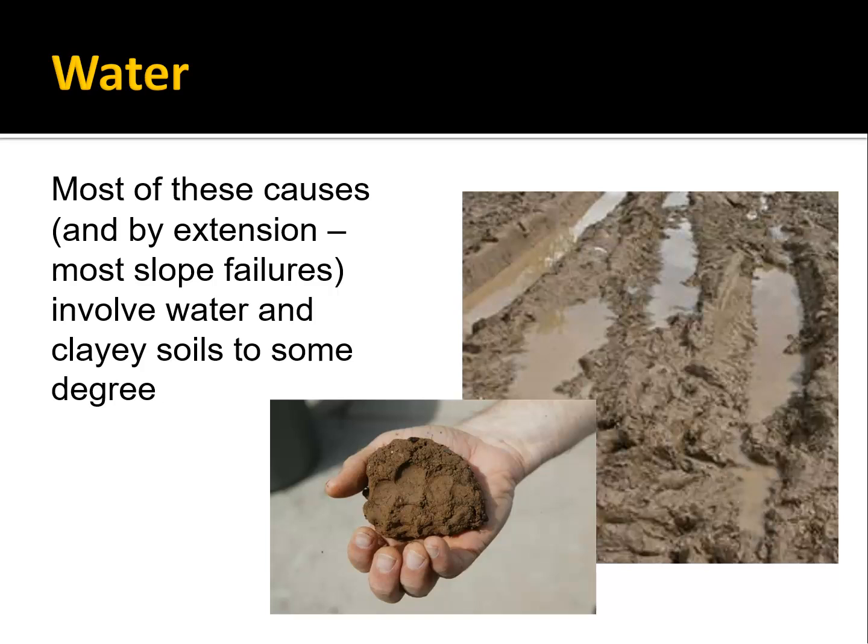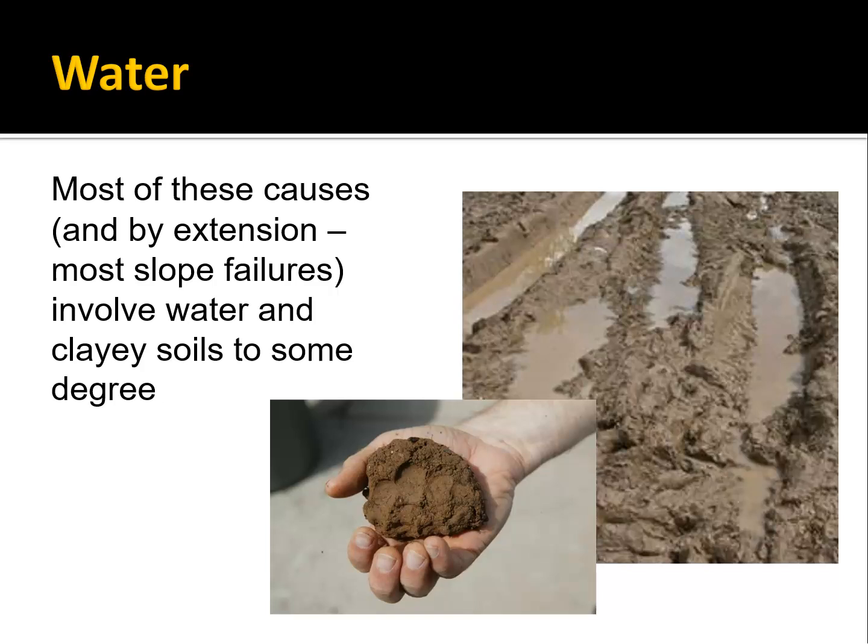And a running theme in a lot of this is water. As you saw, in a lot of those causes there's something to do with water. And a lot of these slope failures occur in clayey soils. You don't get very many slope failures in sands and gravels. It can happen, but it's a lot more rare.